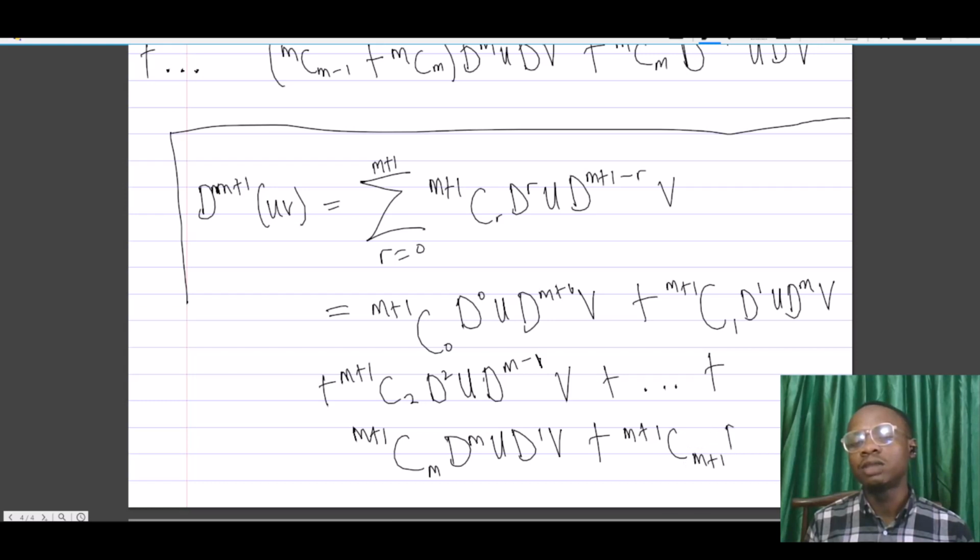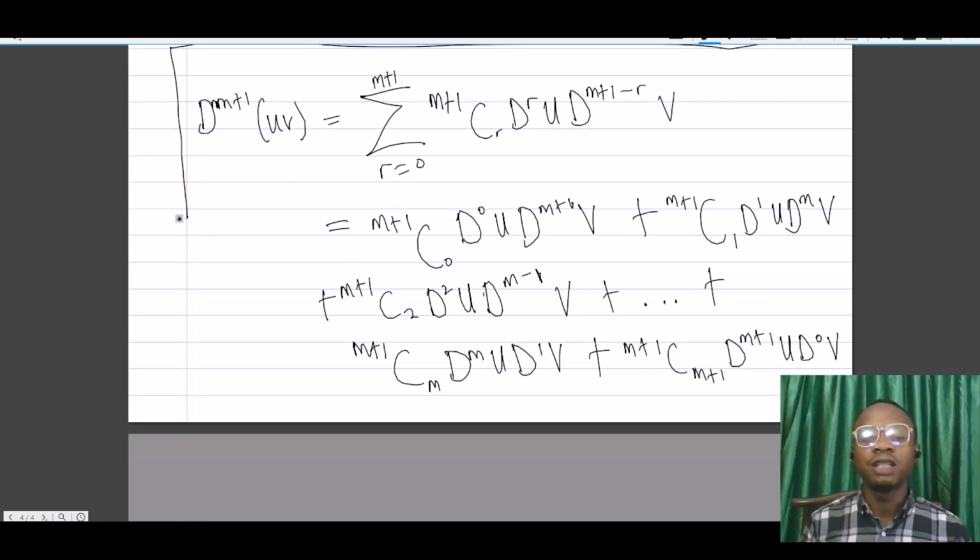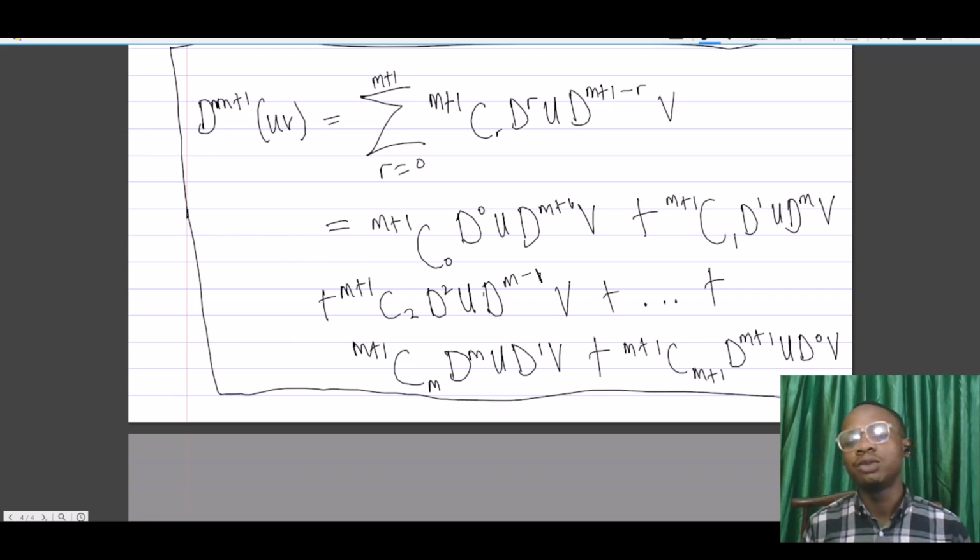Then we have d (m+1) of u, then the 0 of v, that's (m+1) minus (m+1), to give us the 0 of v. So if it satisfies, or if it confirms the Leibniz formula, then we should look forward to an expression like this.